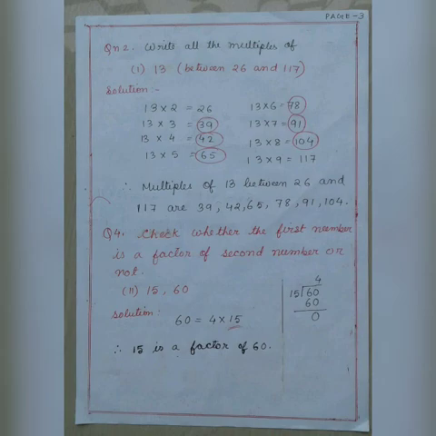Now question number 2, write all multiples of 13 between 26 and 117. So how to solve this type of problem?